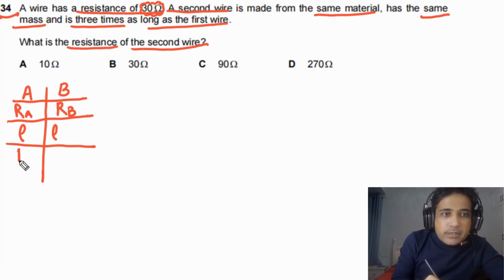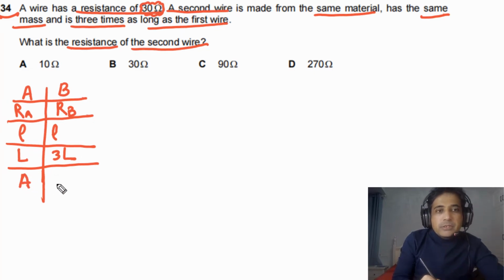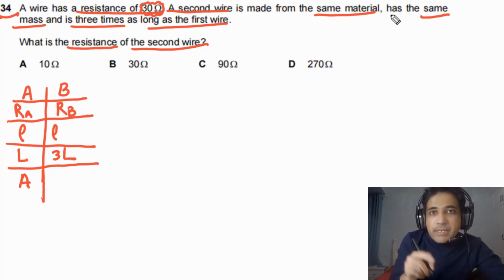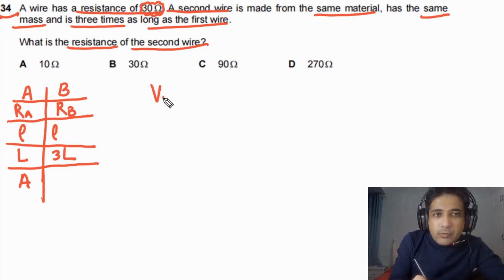Let's say the length of the first wire is L. So the length of the second wire will be 3L. Now let's say the cross-sectional area of wire A is capital A. So what is the cross-sectional area of the second wire? In this case, mass is the same, density is the same. It means the volume of wire A has to be equal to the volume of wire B.